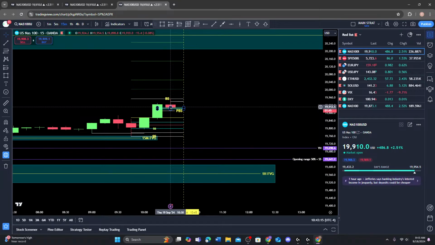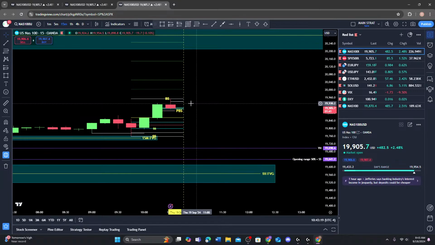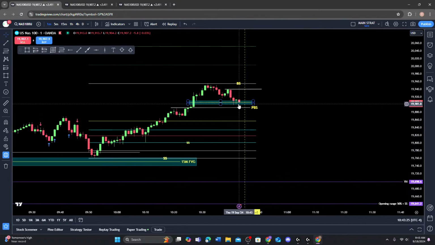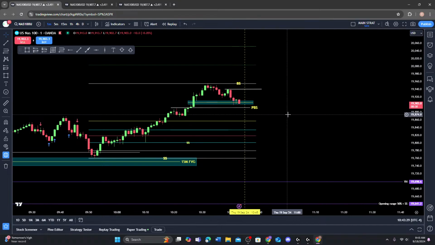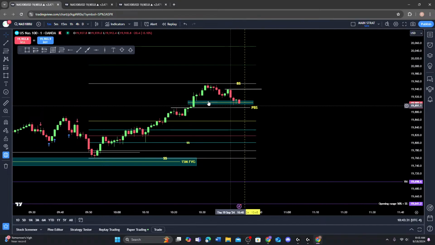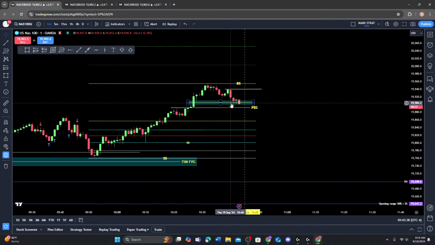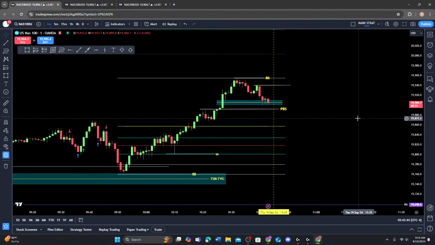I'm waiting for the next 15 candle, which we are one or two away. So on the 15, at 30 minutes we started to go down to this fair value gap, and then at 45 we might push out of it or go lower.